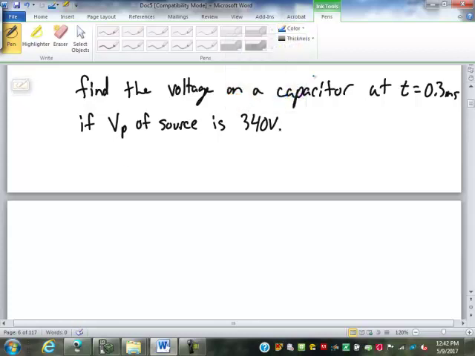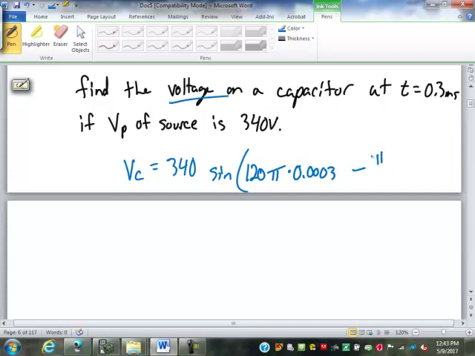So how are we going to do this? 340 times sine of 2 pi f. We're just going to write it as 120 pi because our frequency is 60, times 0.0003. Now this is voltage, so voltage is minus pi over 2, correct?